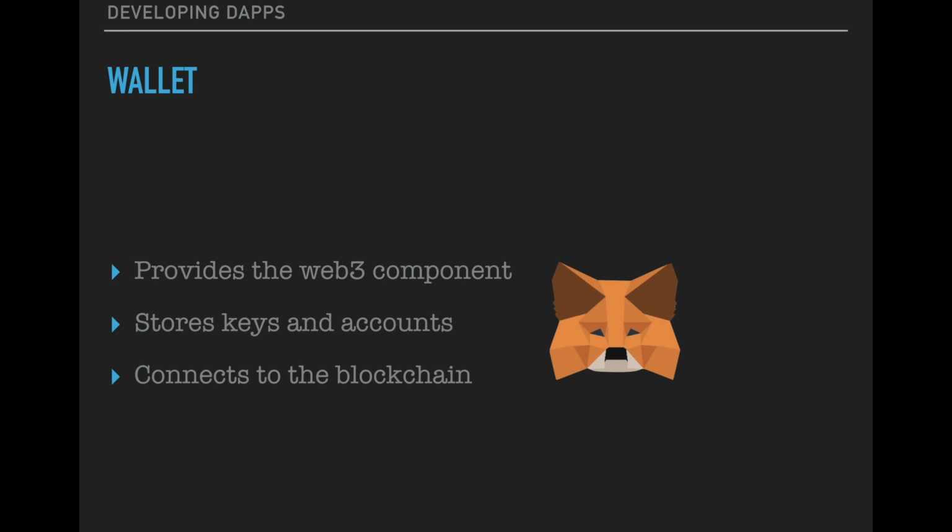A very famous wallet for us is called MetaMask. It stores the private keys and the public keys, which represent accounts for the users. It also helps us connect to the blockchain, whether it is a local private blockchain or even a public main network blockchain.